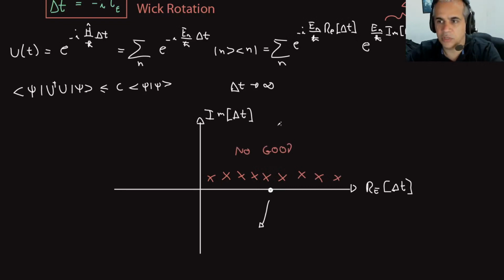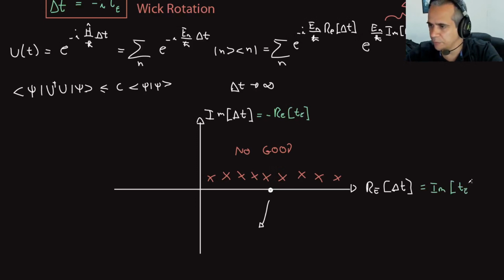And with those identifications, this will be minus the real part of t, so the axis of positivity goes down, and this is the same as the imaginary part of t Euclidean, with this relation up here.